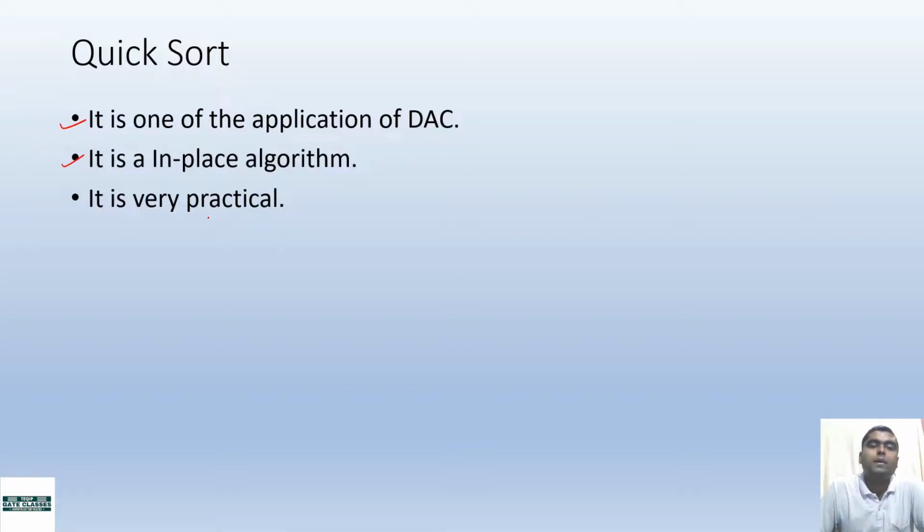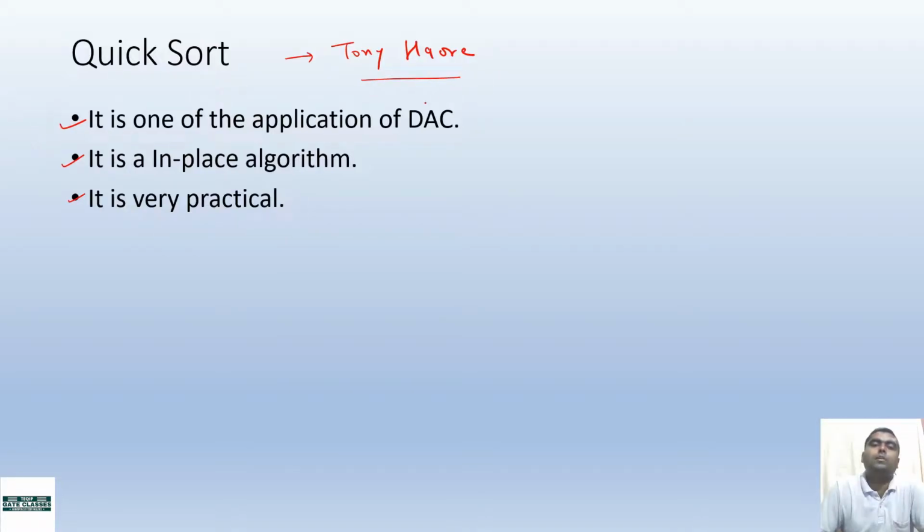Okay, and what about stable and not stable, I will explain at the time of the algorithm explanation. And it is very practical, so it is used in practical situations. One more important thing is that quicksort was given by Tony Hoare.